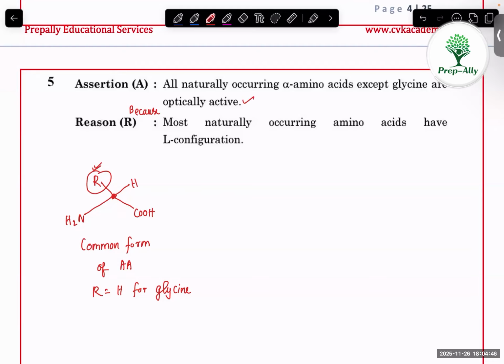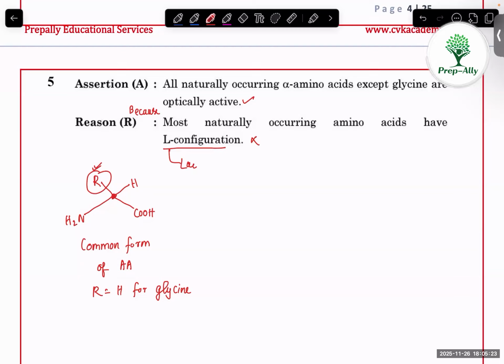Now the explanation. The explanation which should come is 'because glycine has 3 similar groups' or something like that, or 'they have no substituent group in the amino acid'. Those are all correct statements, but what they have given is 'because most naturally occurring amino acids have L configuration'. That is incorrect, and that is also not the correct explanation for the assertion. Another reason it is incorrect is that they say most naturally occurring amino acids have L configuration, or laevo configuration, but it is not laevo configuration.